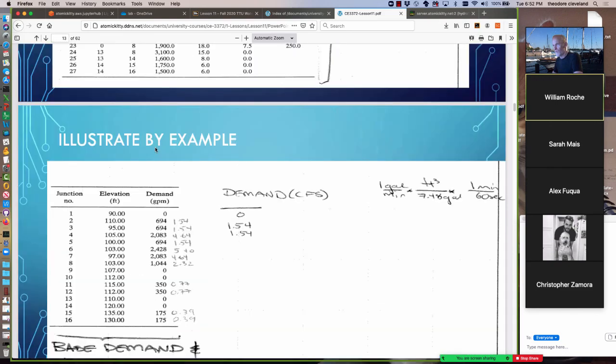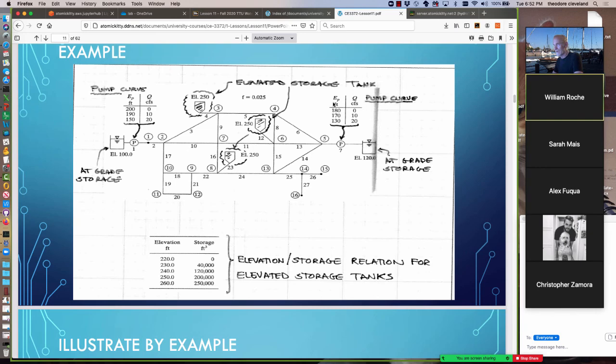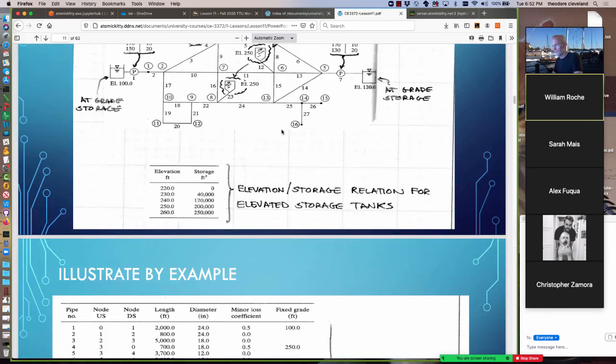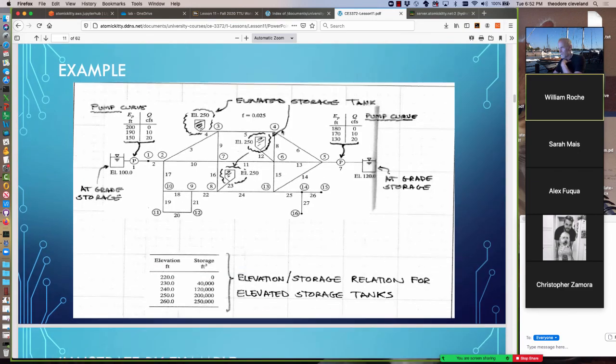And so with that information right there, we could simply do a single period simulation and could simulate the flows and pressures in the system under the conditions of all these pool elevations being at 250 feet and the pumps operating at wherever the pump curve is. And that would be a snapshot of the system momentarily.